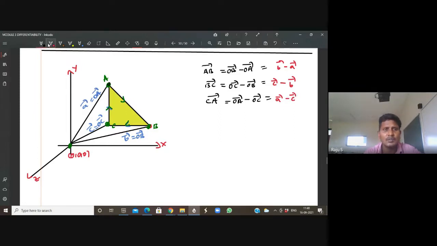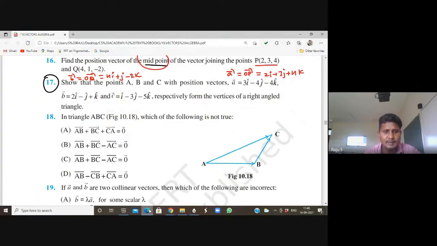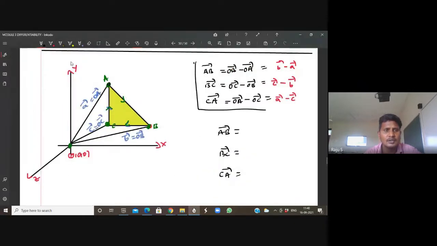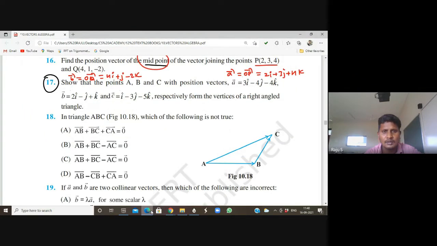Then can you tell me what the vector AB is that I require? With the help of this, what is the AB vector, students? What is the BC vector? What is the CA vector? Tell me AB, BC, CA. AB means B minus A. So here I'm going to take the A vector, B vector, C vector. The A vector is 3, minus 4, minus 4.